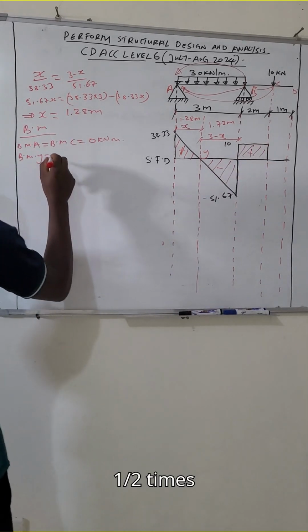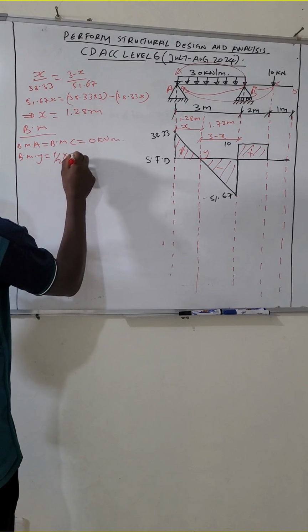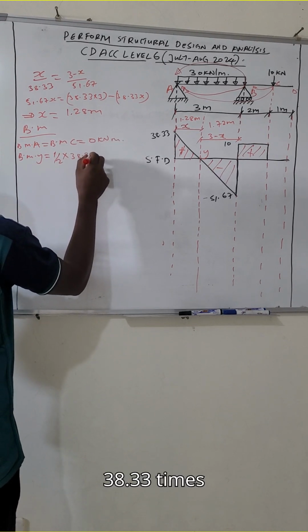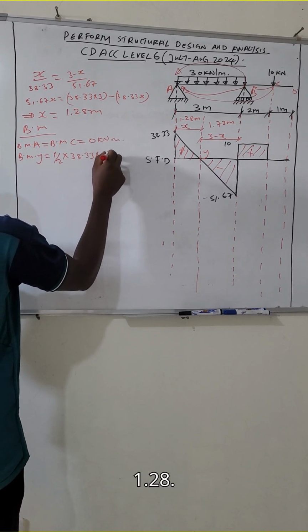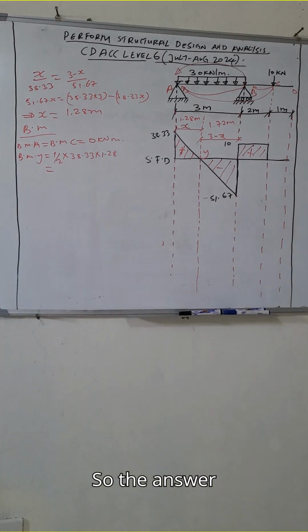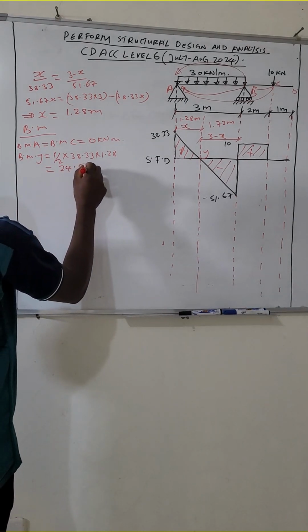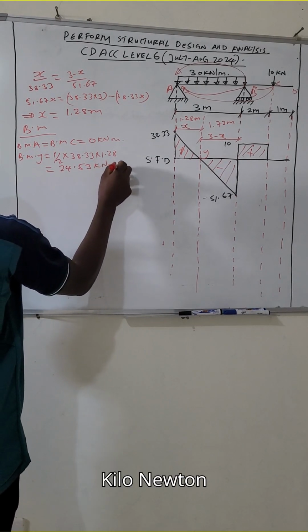So it will be a half times 38.33 times 1.28. So the answer will be 24.53 kilonewton meter.